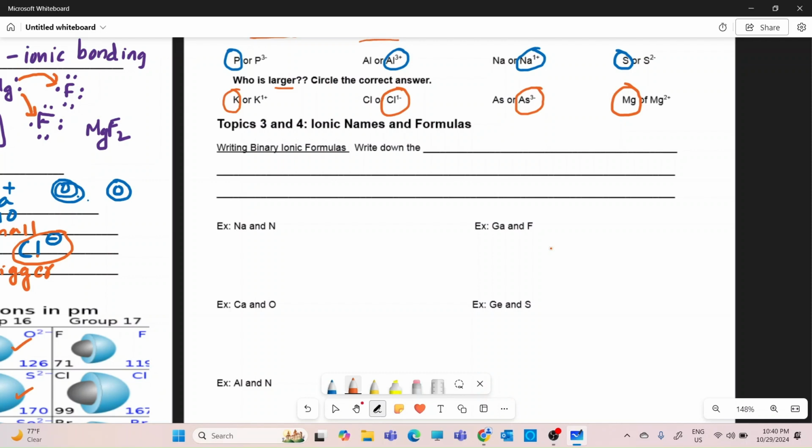For writing the formula for binary, meaning containing 2 atoms, first write down the charges of ions, and then we are doing crisscross to find the number of atoms. Forget about the charges, okay? Let's do an example.